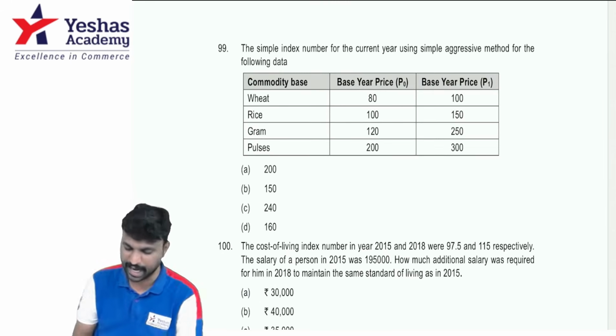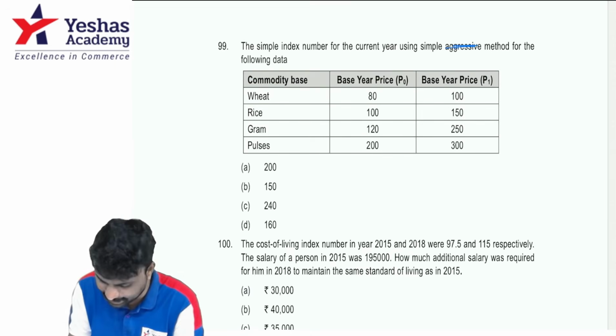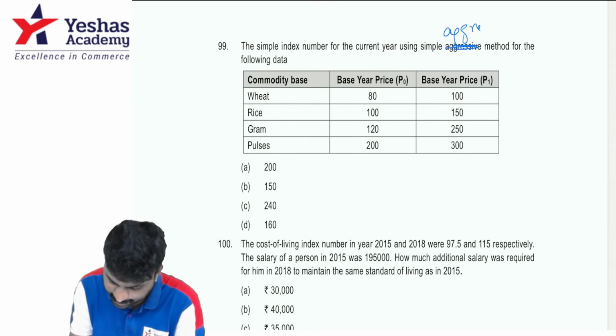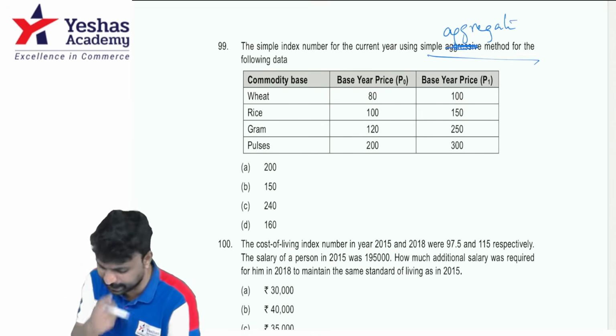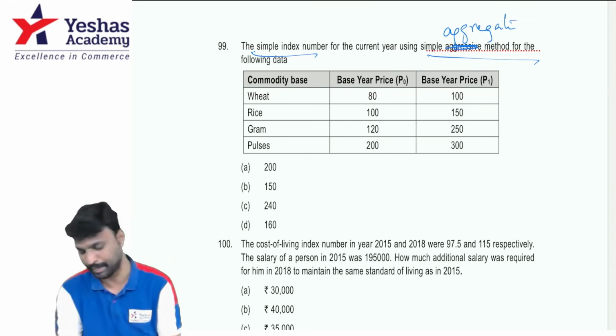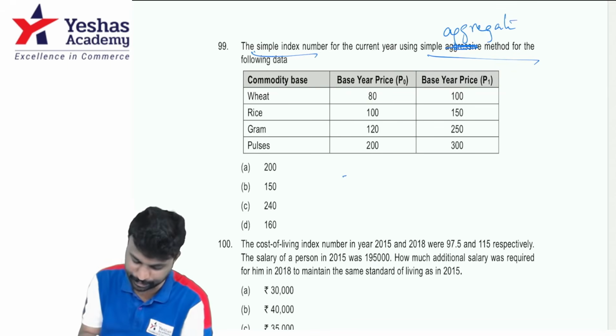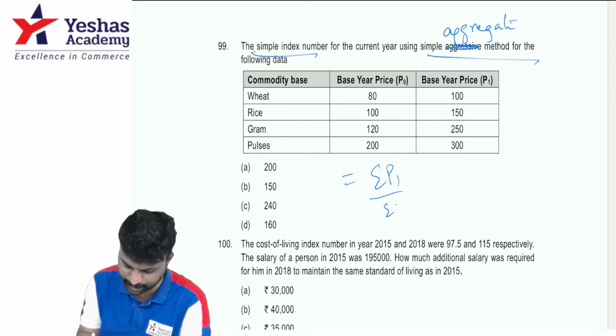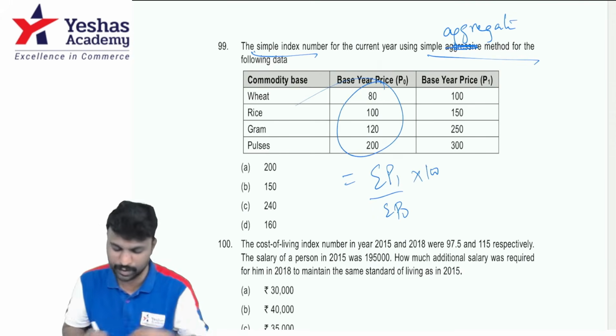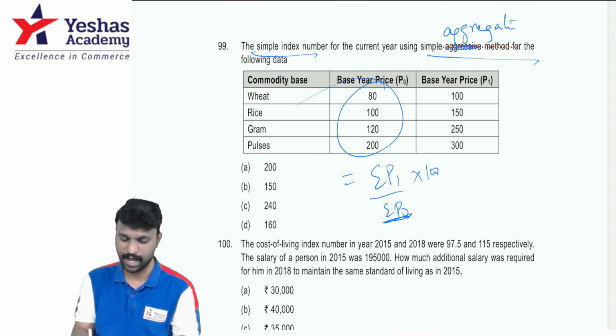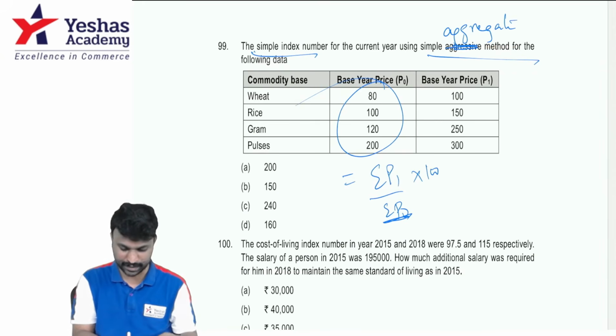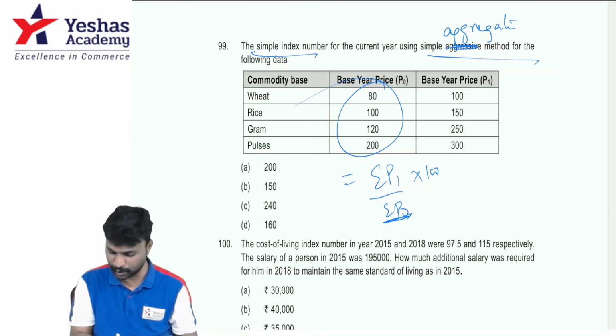Question number 99. Guys, it is not aggressive. Aggregate. Using simple aggregate method, we have to find a simple price index number. So it is simple aggregative price index is summation P1 by summation P naught into 100. So P naught is these values. So solve for P naught first of all and store it. 80 plus 100 plus 120 plus 200, M plus, to store it.